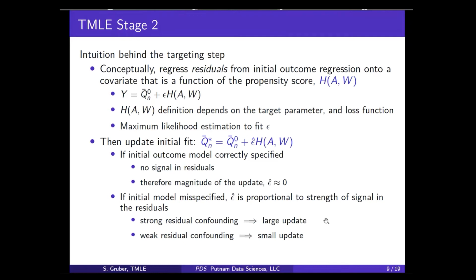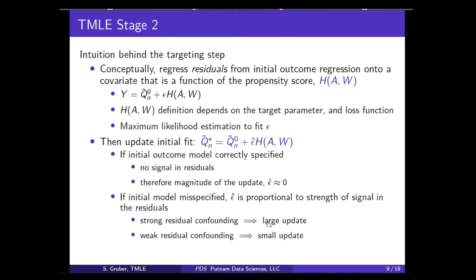So if you had really strong residual confounding, like if you start with a completely unadjusted estimate, an initial regression of y on A, and then you got the fitted values out from that, so all the bias is still there, there'd be a lot of residual confounding, and so epsilon hat would be a pretty big number, like 0.1, 0.2, and you would get a large update to the initial.